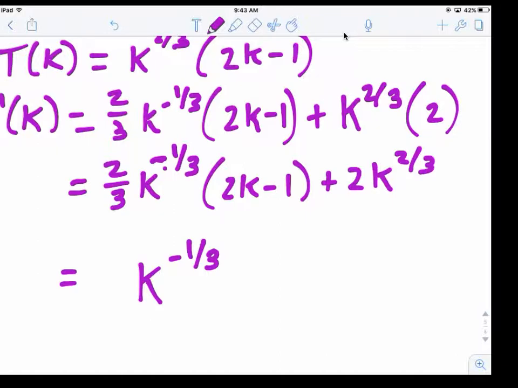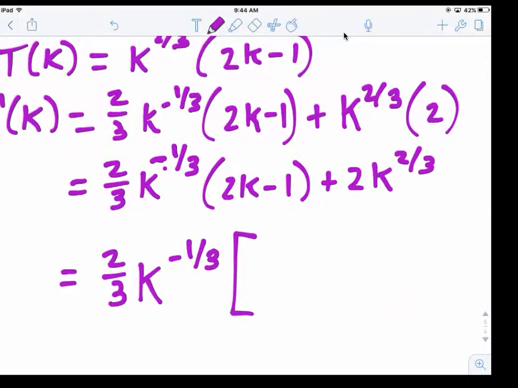Is there any way we can multiply 2/3 to get 2? Well, I'm just thinking if we take out the 2/3, what do I need to multiply this by so that I get that? Three. All right.